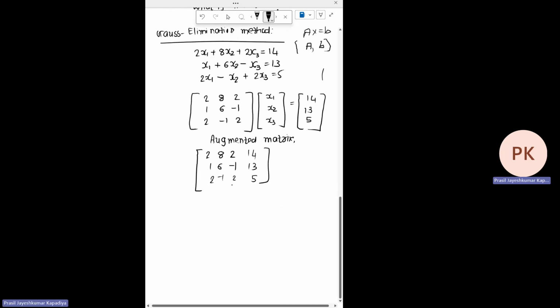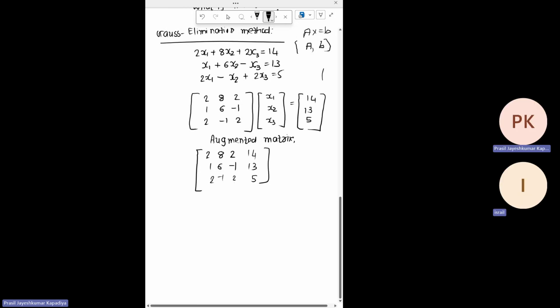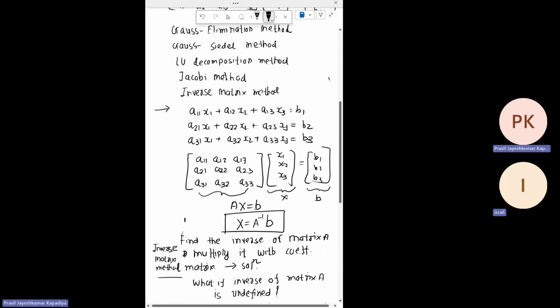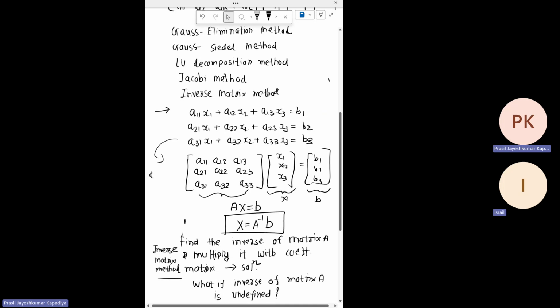Let's say we get an equation where A33 double prime x3 is equal to b3 double prime.